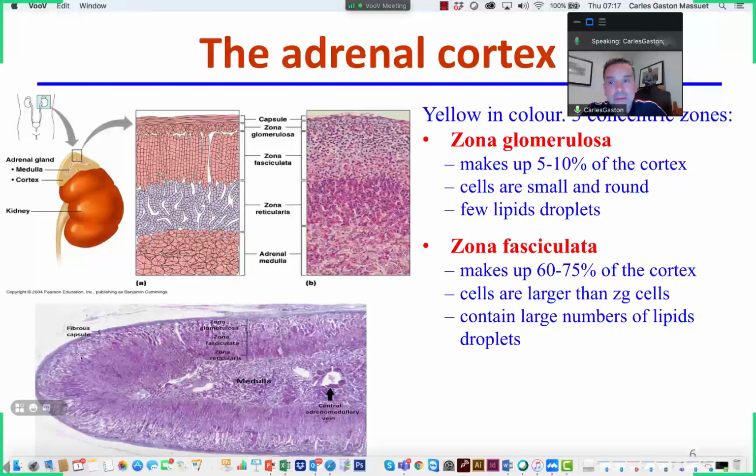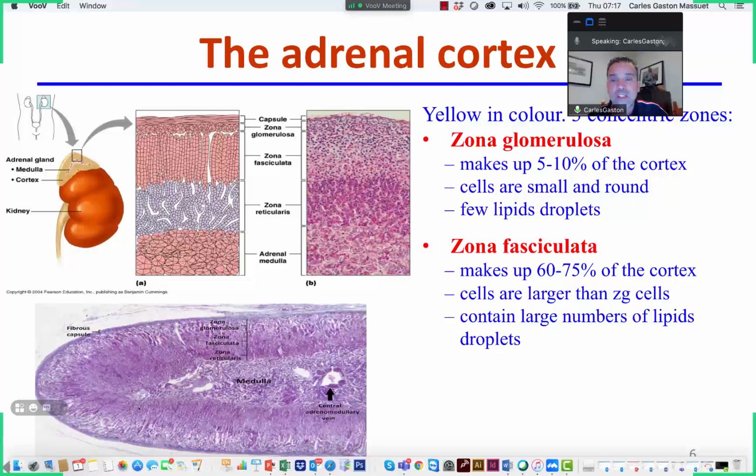This area of the adrenal cortex can be subdivided into different cell types and structures. The outermost layer is called the capsule, and the second layer is called the zona glomerulosa. Lower down, if you look at the capsule, is the outermost layer.